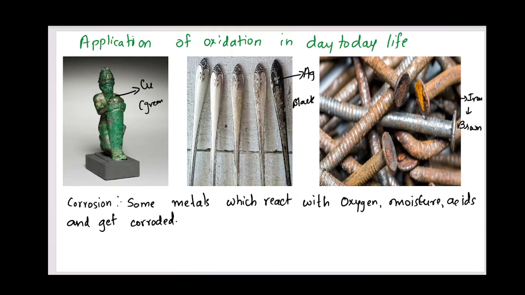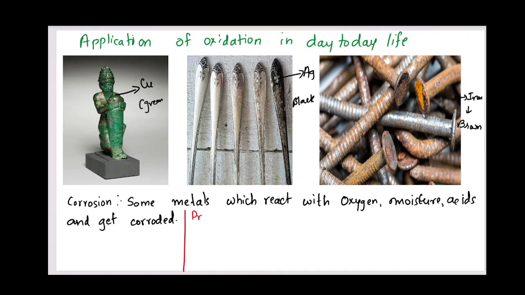Now how to prevent corrosion? I'll write here: prevention of corrosion. So first one is painting. You can paint the metals, and you can oil the metals. And third one, greasing.